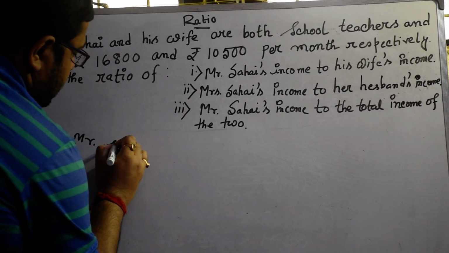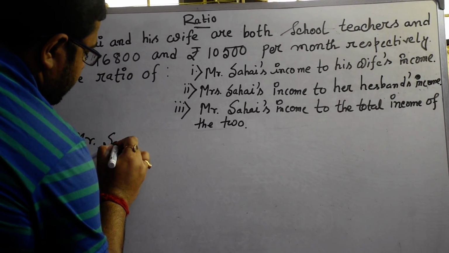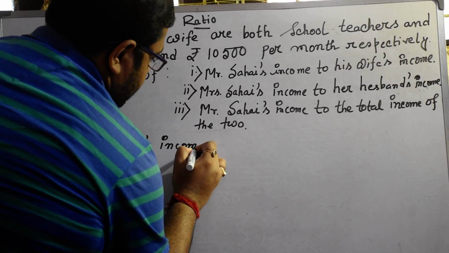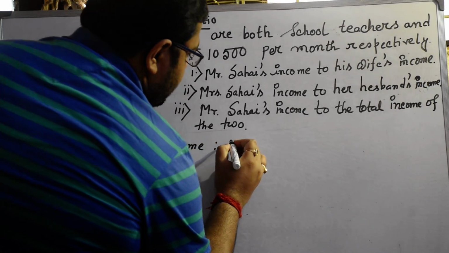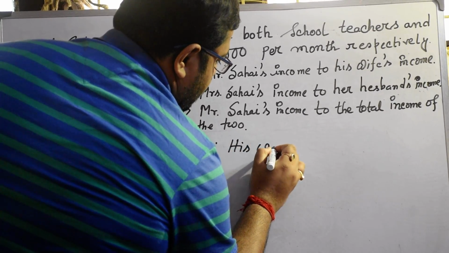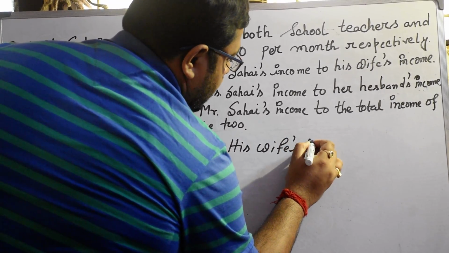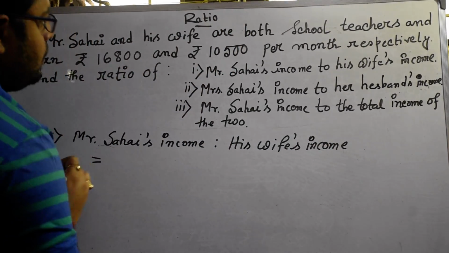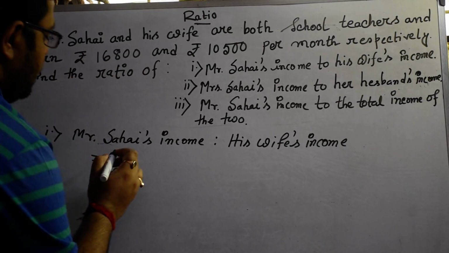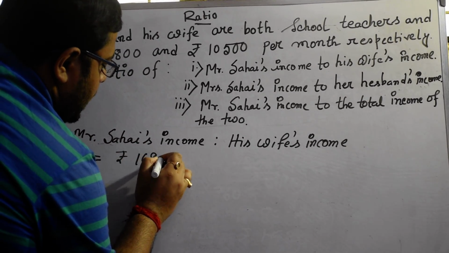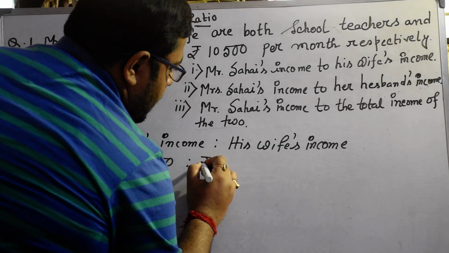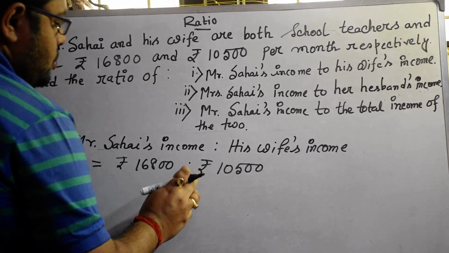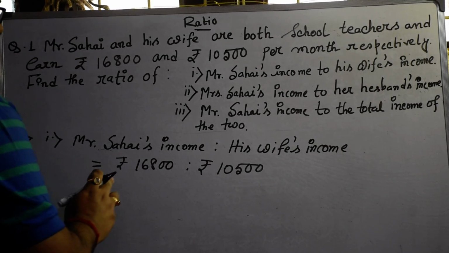So Mr. Sahai's income is to his wife's income. That means Mr. Sahai's income is rupees 16,800 is to his wife's income, rupees 10,500. So here the units are same, rupees.